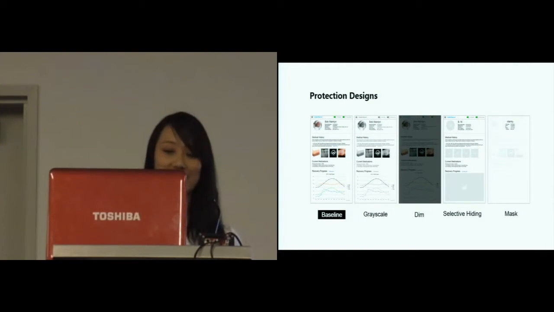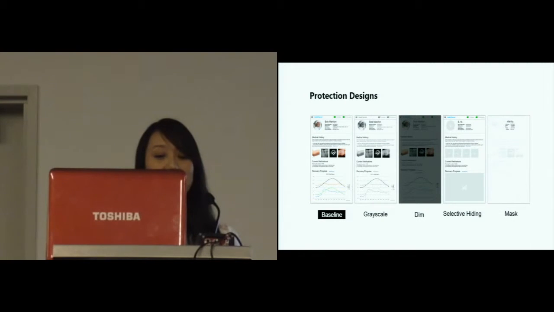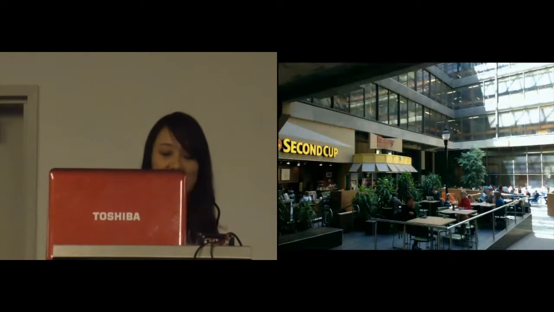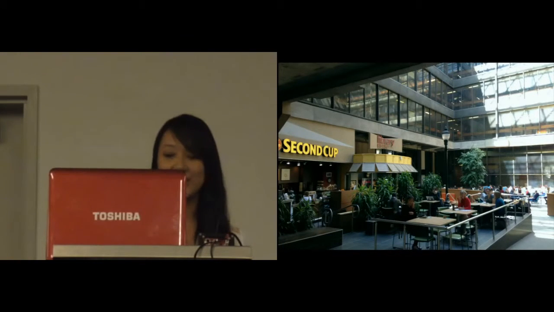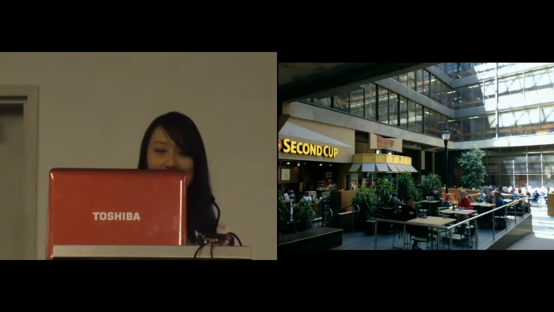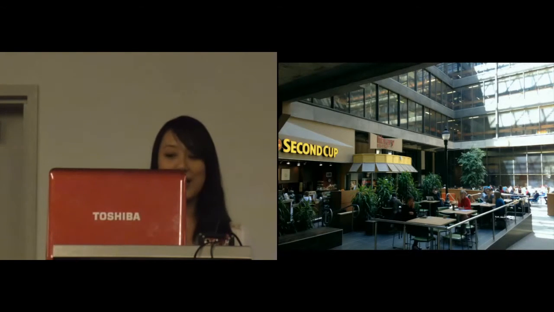We selectively anonymize sensitive texts or images, and we also leave just a small movable viewport, but mask the rest of the screen. We evaluated these designs with 12 participants and 4 major privacy scenarios in a busy university library where the designs are meant to be used.